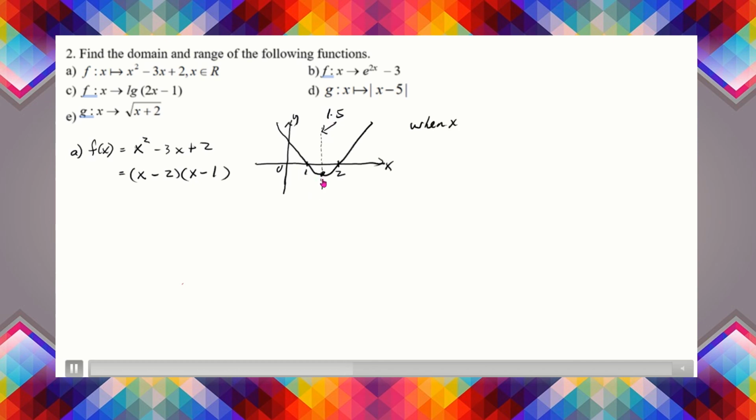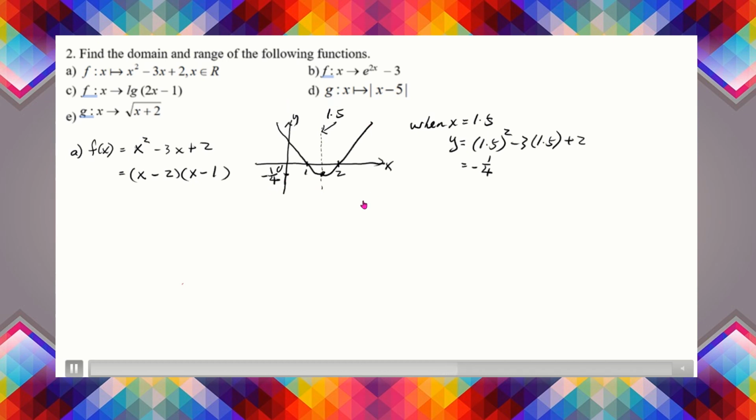So the minimum point is when x is 1.5. You substitute x as 1.5 into the equation. When x is 1.5, y is 1.5 squared minus 3 times 1.5 plus 2. When you press the calculator, it is negative 1 over 4. So the minimum point is negative 1 over 4.